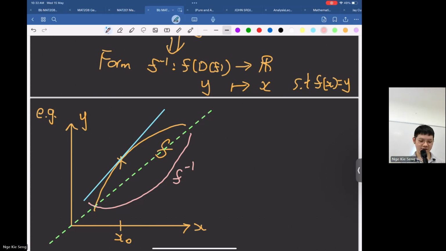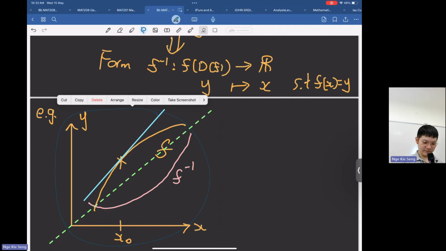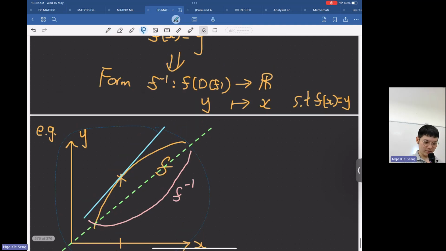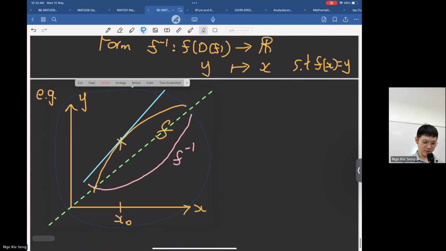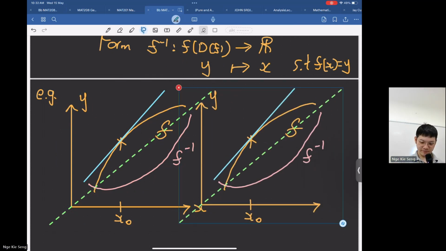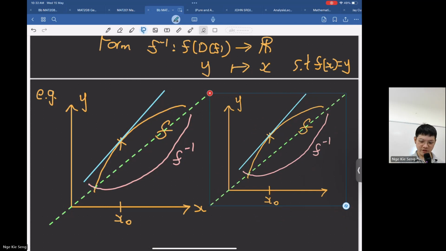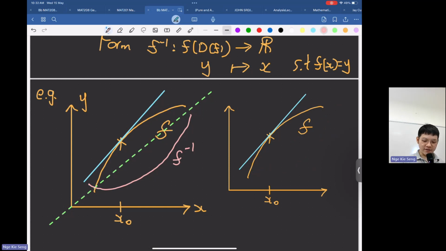Actually, there's another way to see it. So let me copy this and paste. Let me get rid of the original one. What I do is I just simply swap y and x.